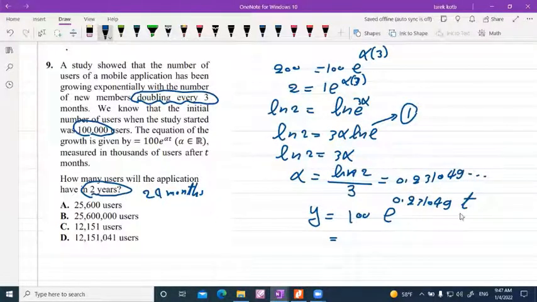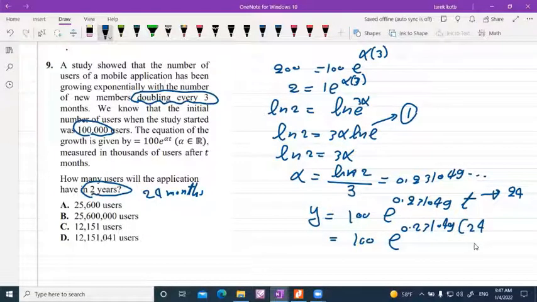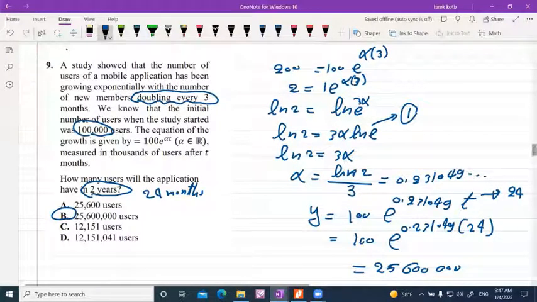Since you want to get how many users use this application after 2 years, you replace this t by 24 months. So it will be 100 e to this number times 24, and that will give me 25,600 and another 3 zeros, which is answer B.